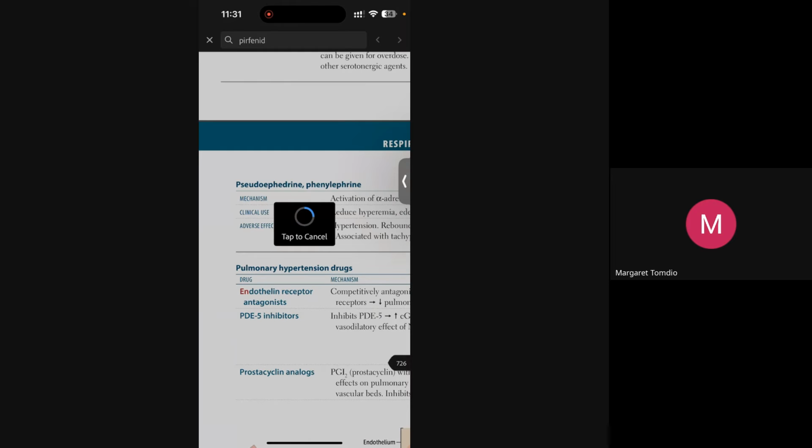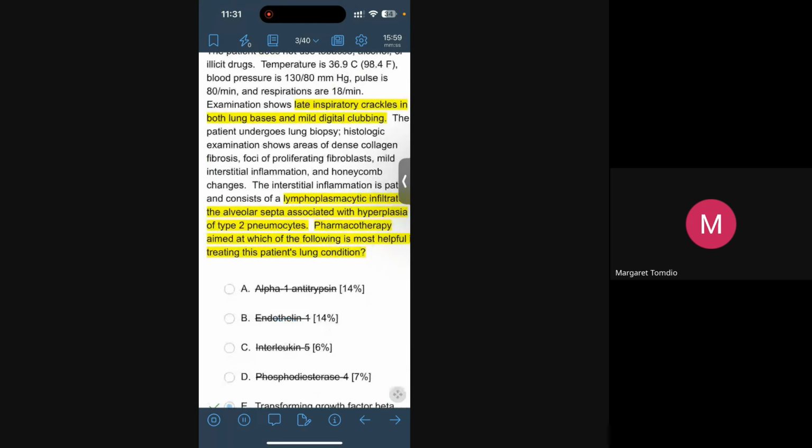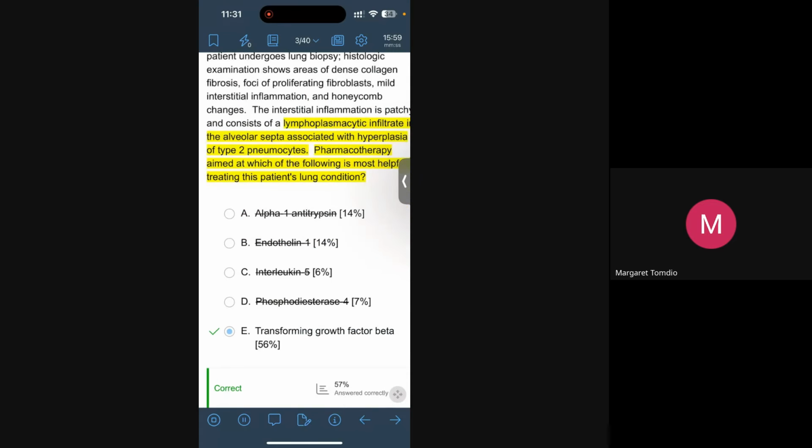I don't know whether it is written here or not. Let's move on to our next question. Pirfenidone is an anti-factor. Remember this: TGF beta is involved in fibrosis.